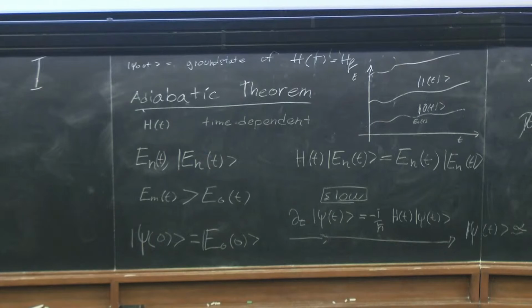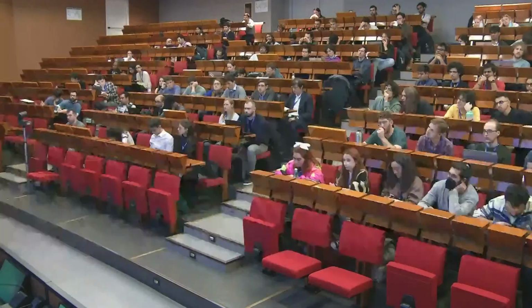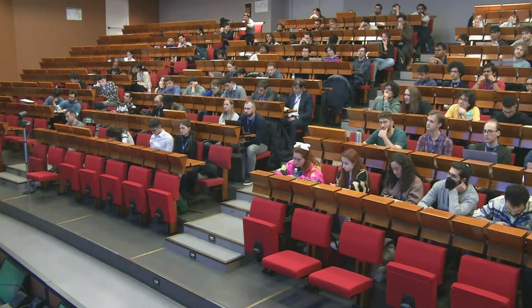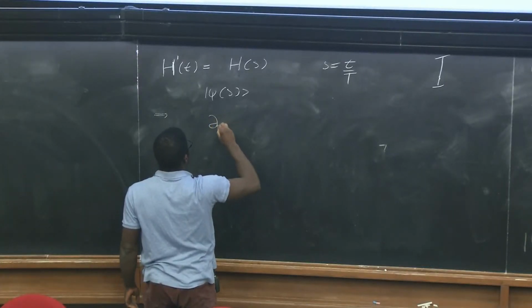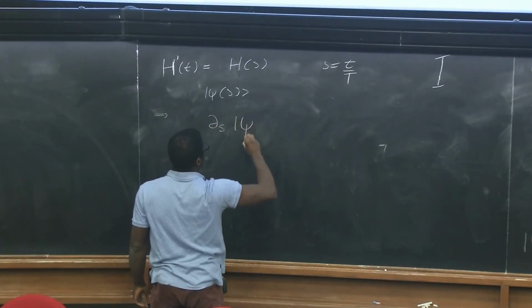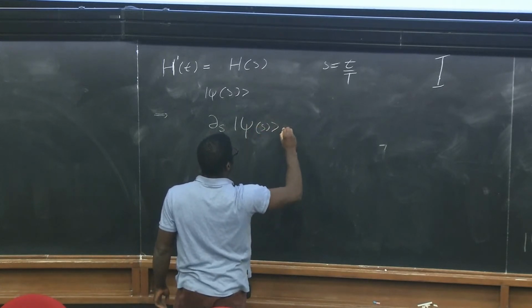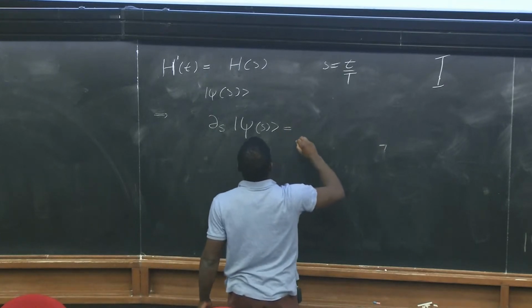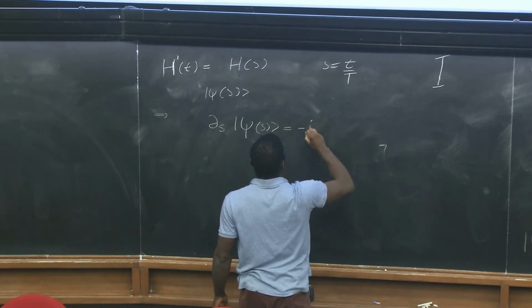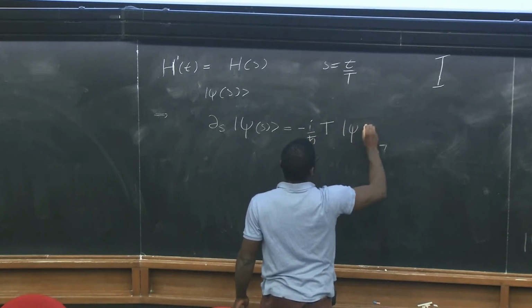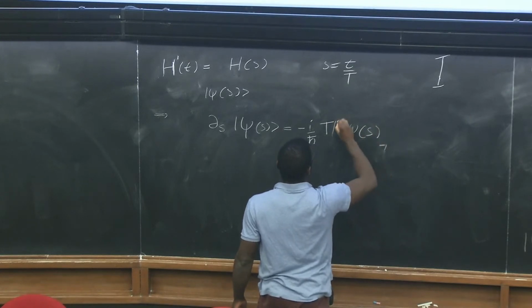We are going to have a psi of s, and for this psi of s, the derivative in s is going to be equal to minus i T times H of s acting on psi of s.